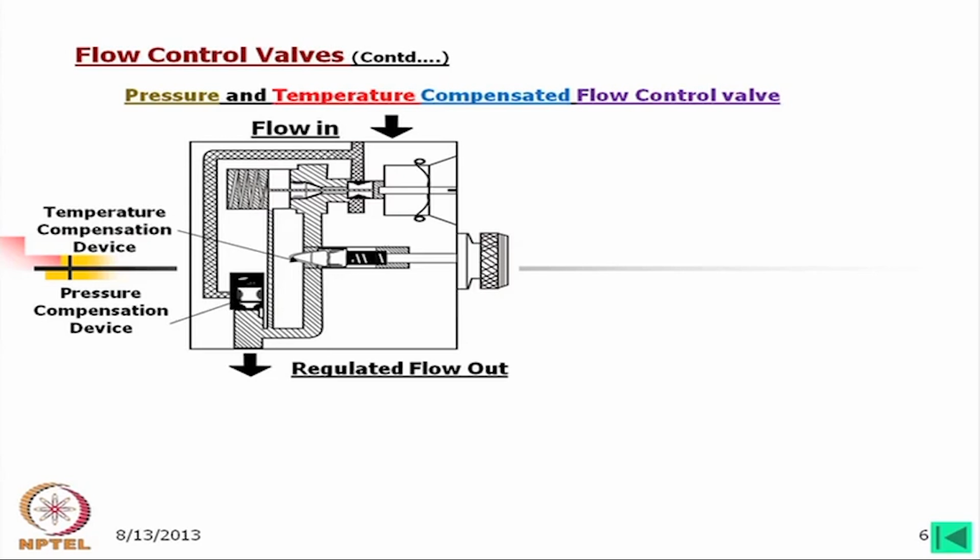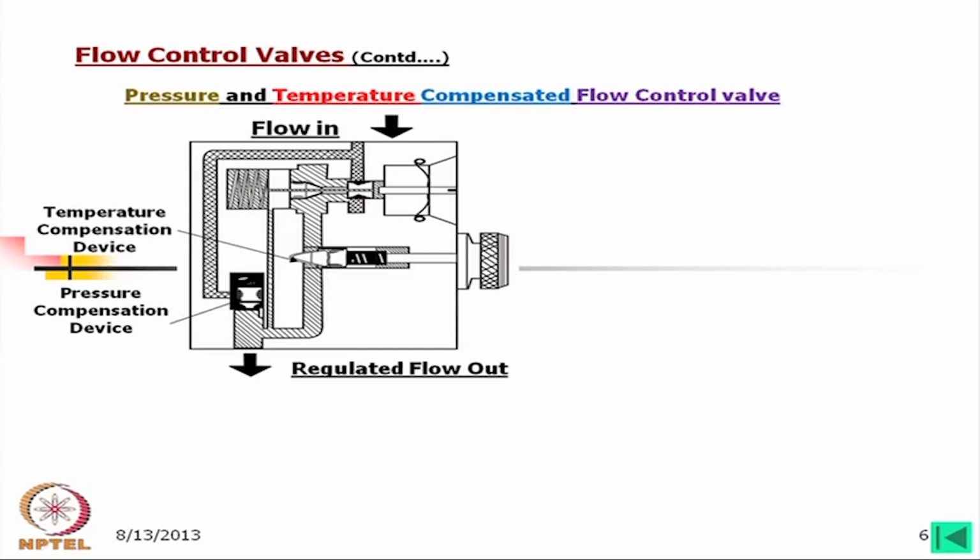To compensate for that, there is a temperature compensation device, which we can assume in the orifice is either a metallic or non-metallic bellows type thing, which expands with the increase in temperature and compresses when the temperature is lowered. What it does is change the orifice area to keep the flow amount the same.